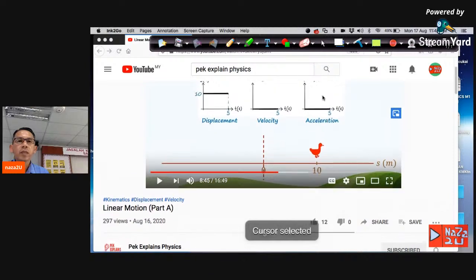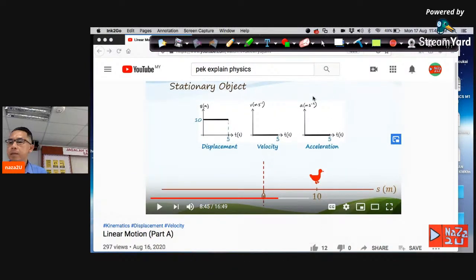So if you look at the video here, this is an object, this is a dart. Right now it is at a distance of 10 meters, because this is in meters, right?